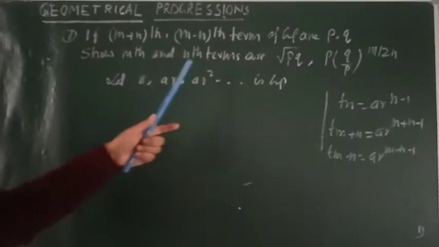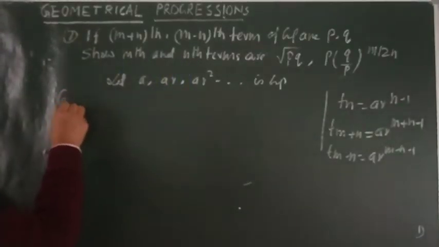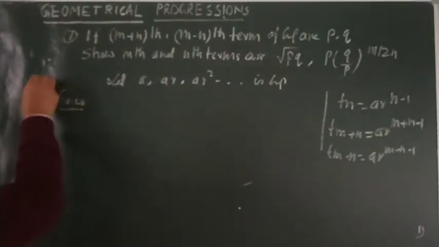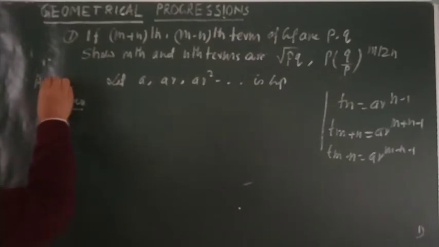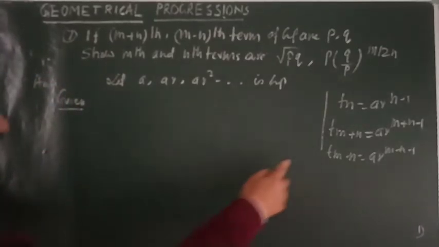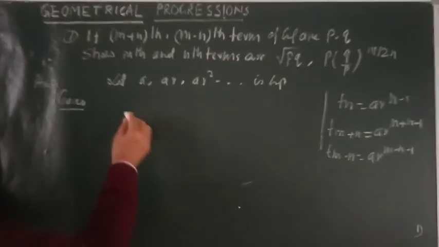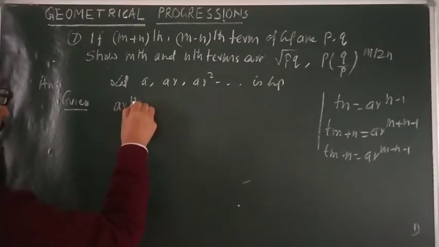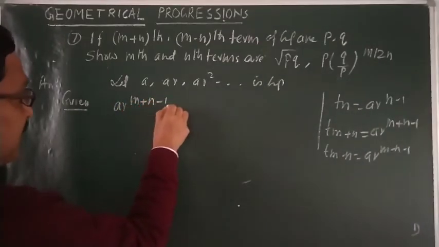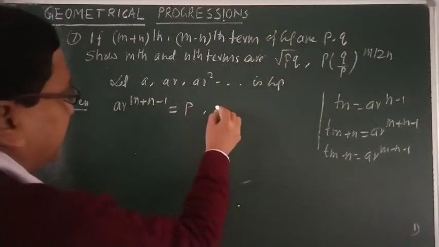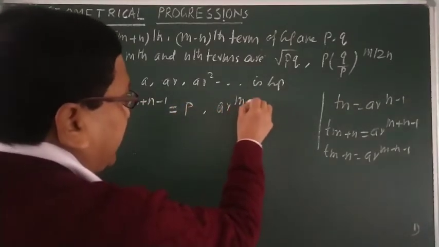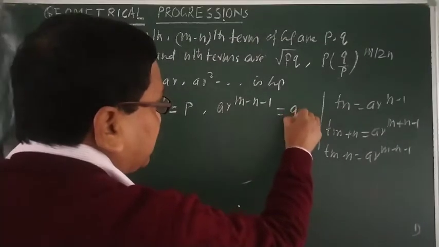So I am going to write this. Given, the solution is being started, the (m plus n)th term AR^(m+n-1) is P, and AR^(m-n-1) is equal to Q.